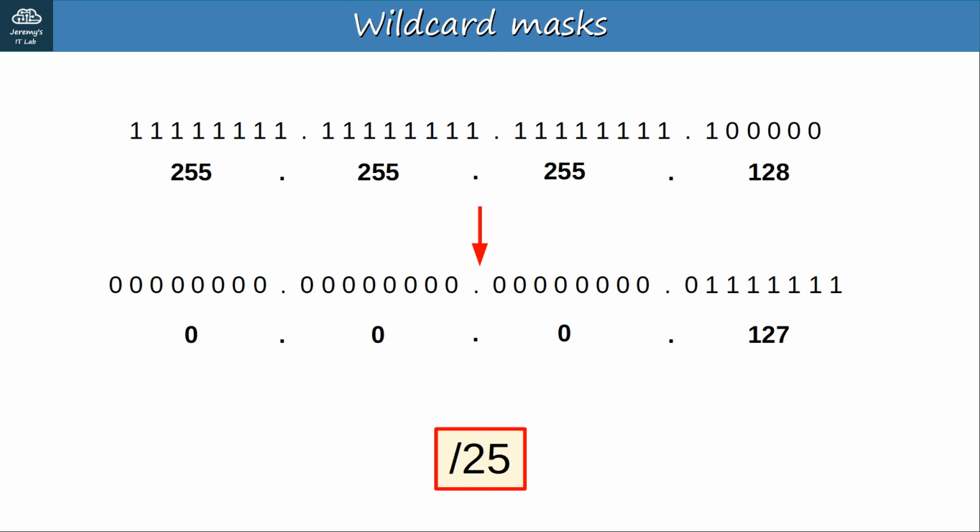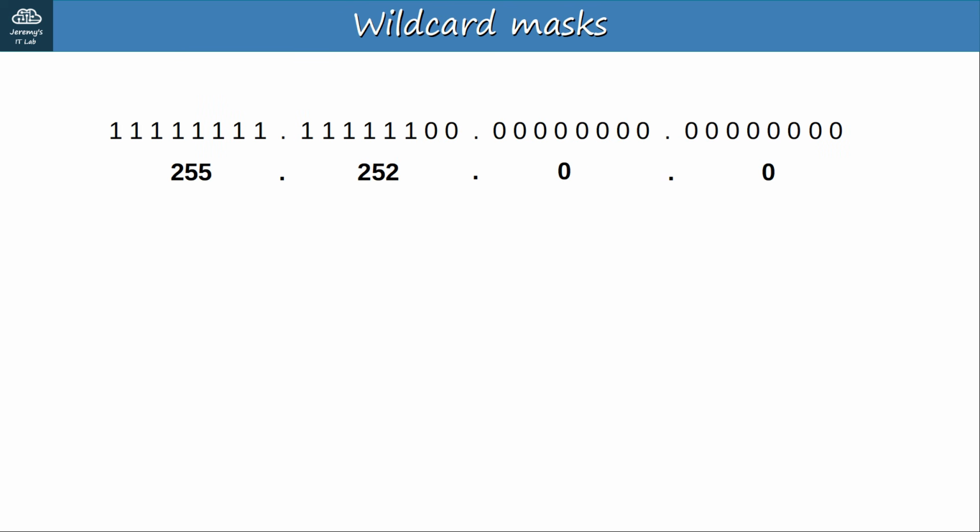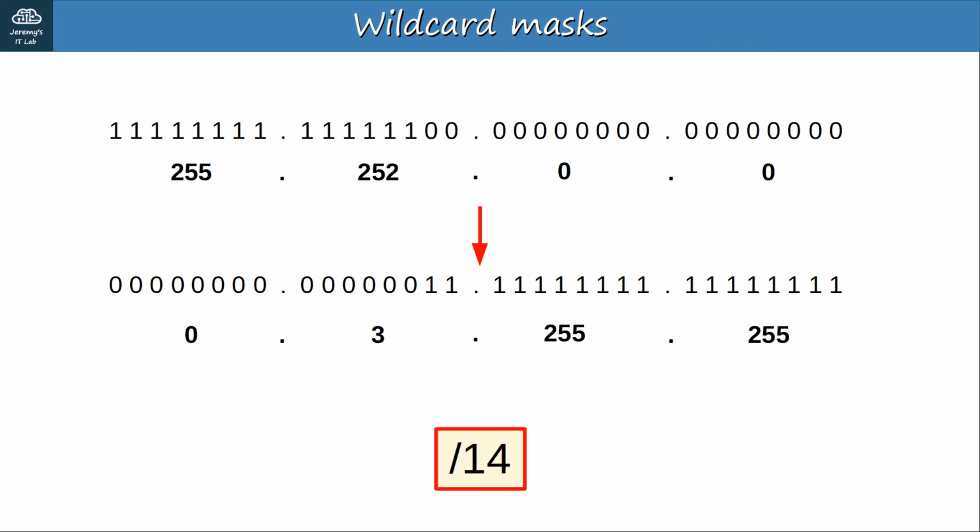Okay, here's the answer. 0.0.0.127. That's a /25 prefix length. Let's try another. Pause the video now and convert this subnet mask into a wildcard mask. Okay, here's the answer. 0.3.255.255.